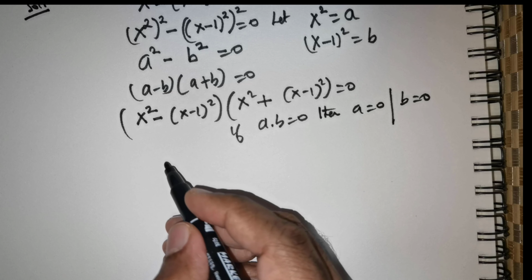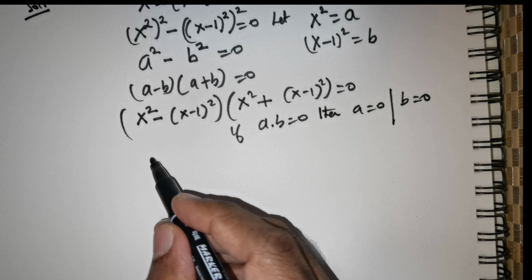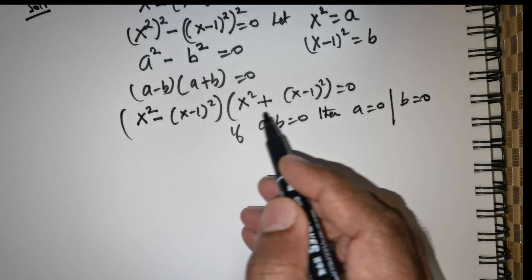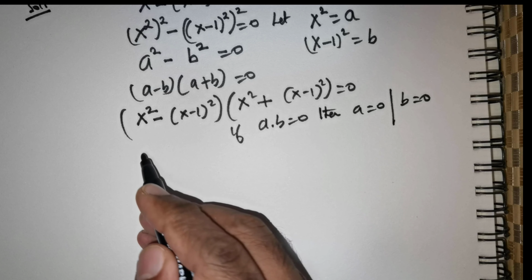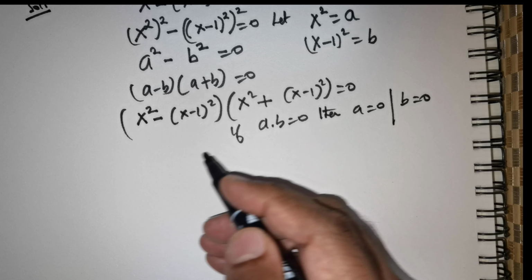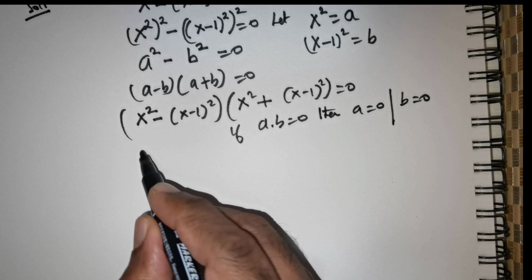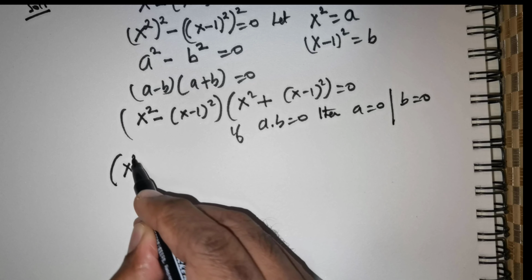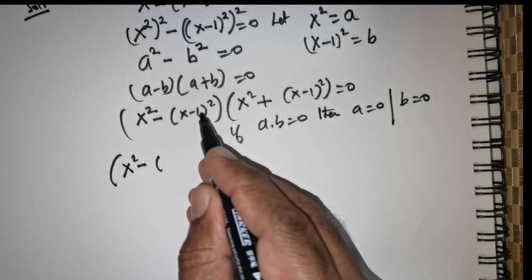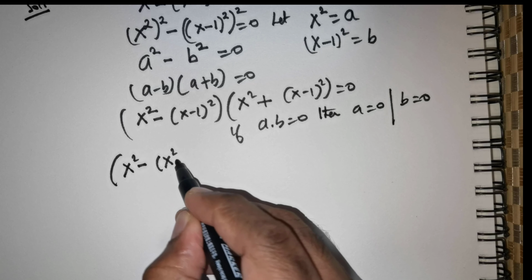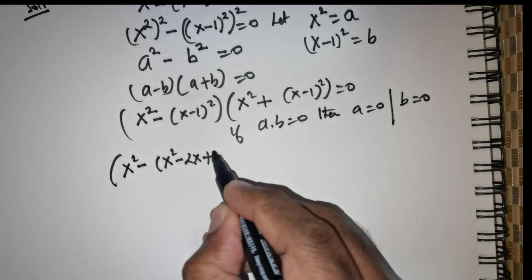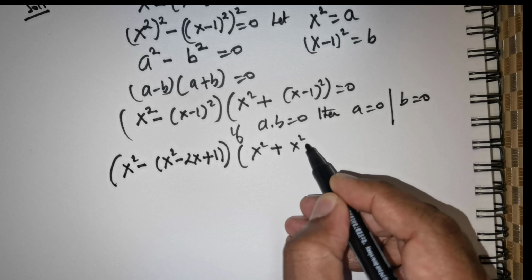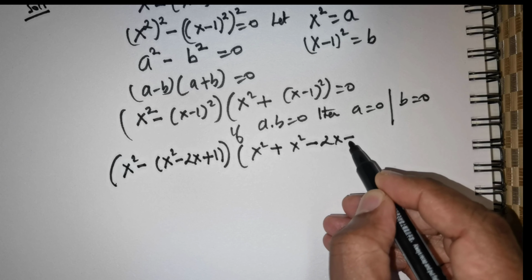Now what I would do is I can choose one of the following. I can just expand this first and then apply this, or apply this and then expand it. Anyway, what I will do is I will just expand these terms first. So this is going to be x squared minus (x - 1) squared will give me x squared - 2x + 1, and then x squared + x squared - 2x + 1.